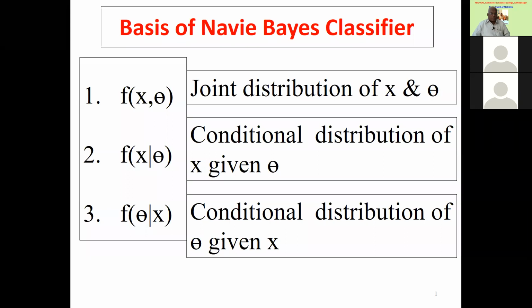Now see, in practice, if you know the parameter theta in condition 2, f of x given theta, then you know all properties of that distribution. You know mean, variance, its skewness, kurtosis, shape, and everything. What remains is for that theta you are finding the probability for different values of the random variable x.